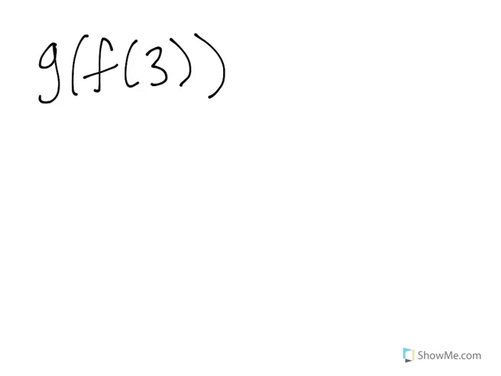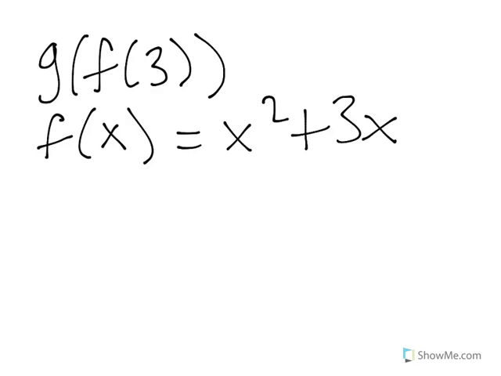Okay, and last of all, sometimes they'll ask you for something like this, g of f of 3. And so, what that means is you may have a function, f of x equals x squared plus 3x, and you have g of x equals x plus 2.